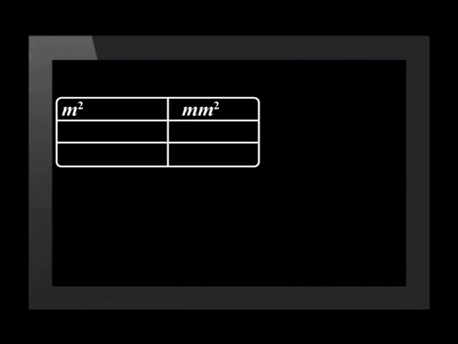In the second row, we write the measurement given in the question. We write 3,718 in the meters squared column. In the last row, we write the conversion factor. Remember to add squared to both values because this is an area conversion. We write 1000 squared under millimeters squared and 1 squared under meters squared.